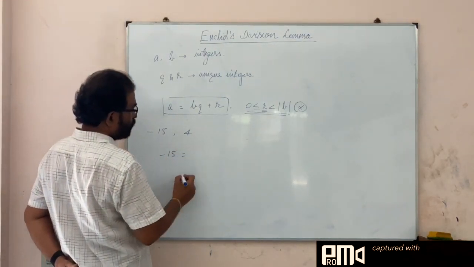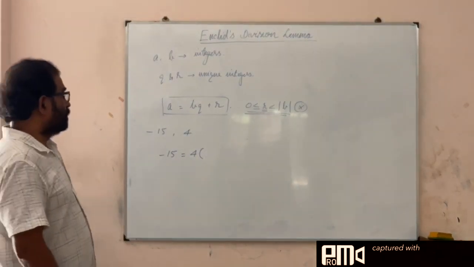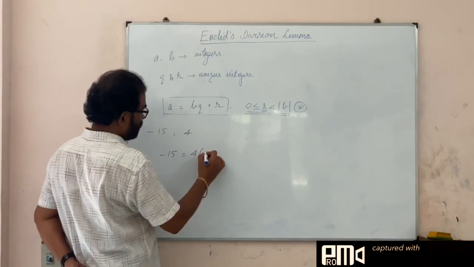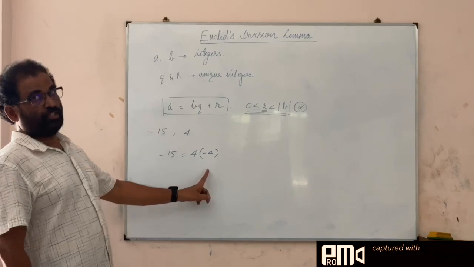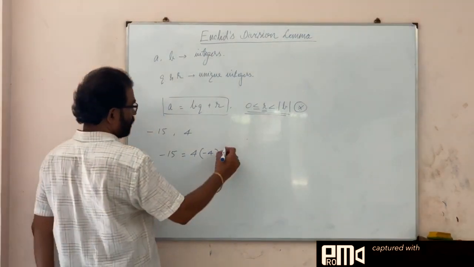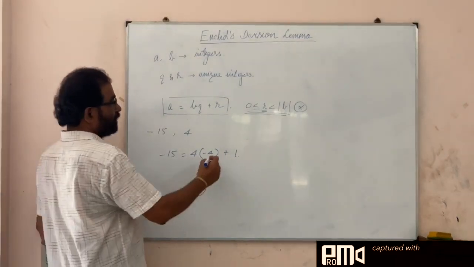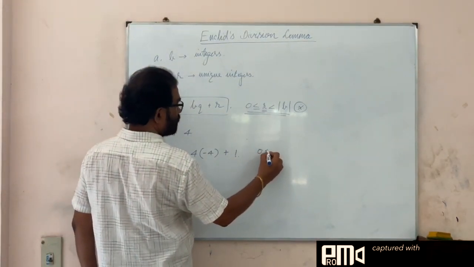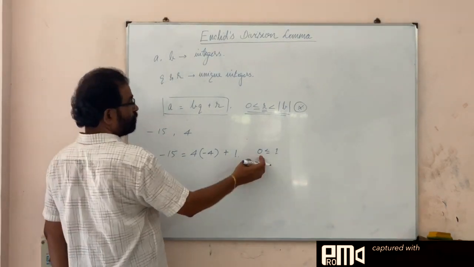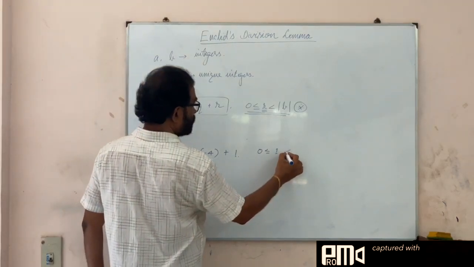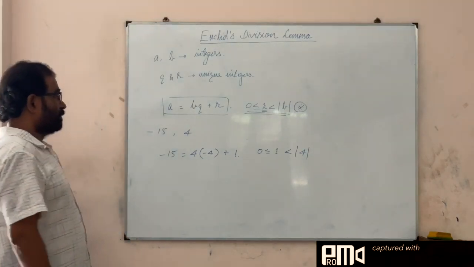Minus 15 is equal to 4 into minus 4, which is minus 16, plus 1. Now see if the condition is satisfied. 0 is less than or equal to the remainder, which is 1, which is less than modulus of 4. Modulus of 4 is 4. So the condition is satisfied.